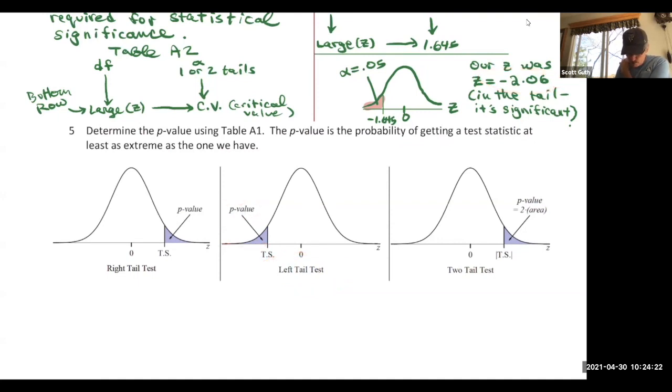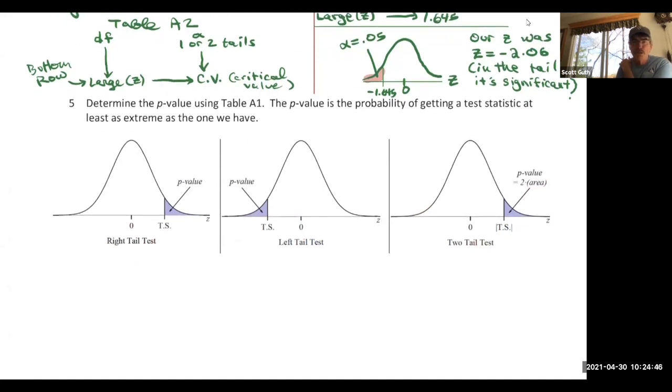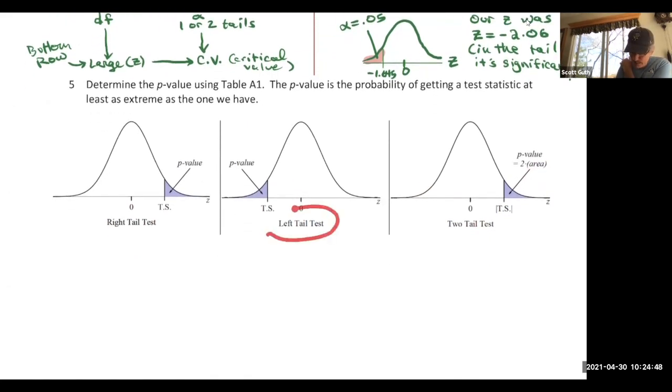If it's a right tail test, then you have to do the probability of getting higher than that. If it's a two-tail test, technically you're saying, I want to know the probability of getting into either tail. So what we usually do is we find the probability for one of the tails and we double it on a two-tailed test, which we'll do after the break. But right now we're doing a left tail test.